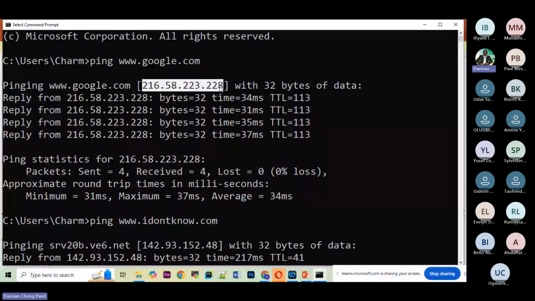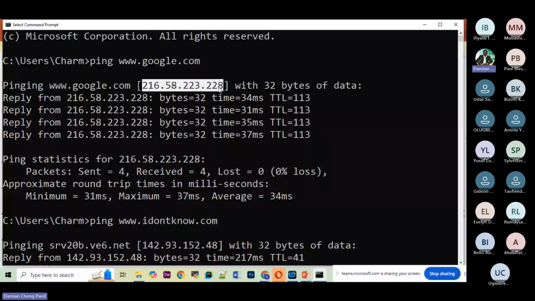So there is a server that is responsible for translating www.google.com to this address, and that server is called the domain name server. That's a DNS server. It's the one responsible for making this conversion.